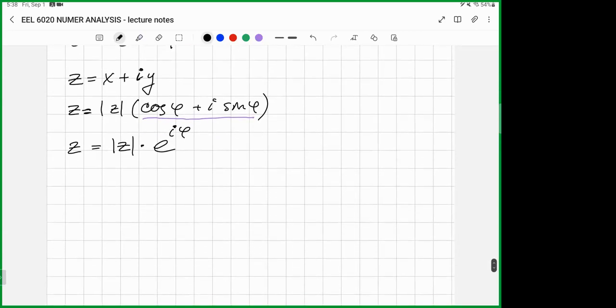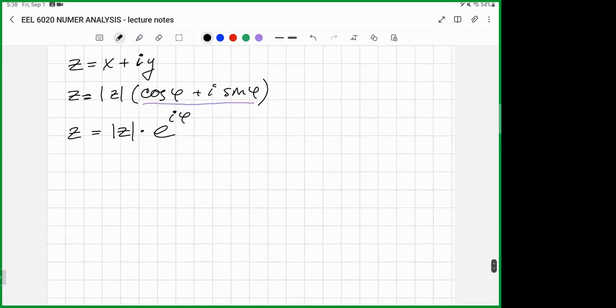So technically, using these complex functions is very useful because, as we remember, the derivative of the exponential function is just the function itself, right?